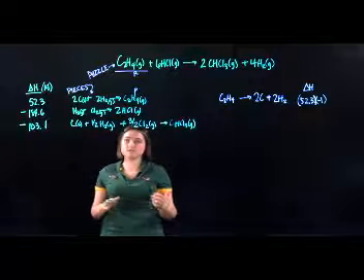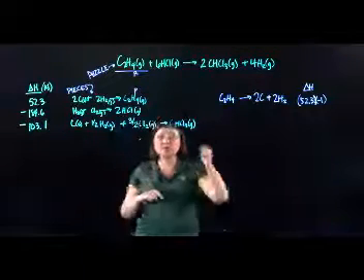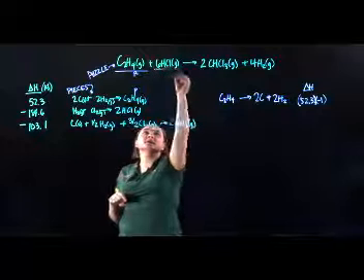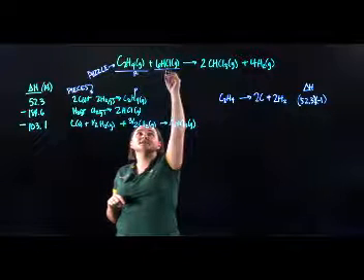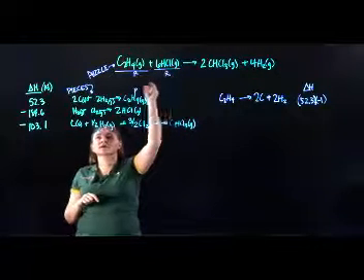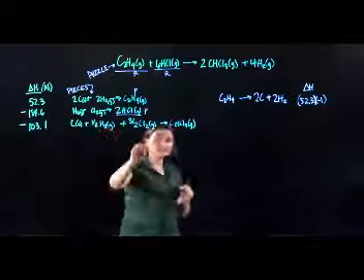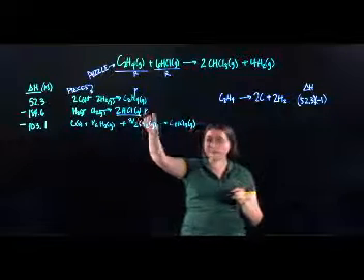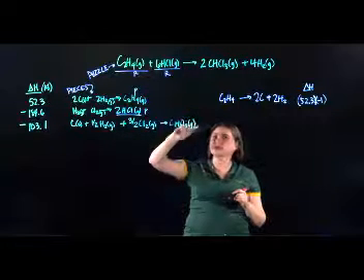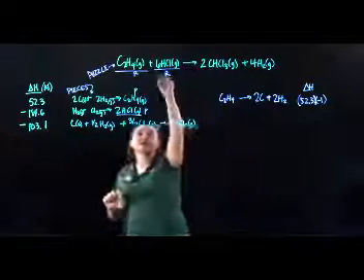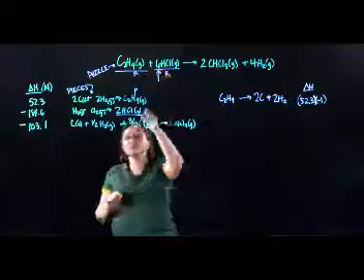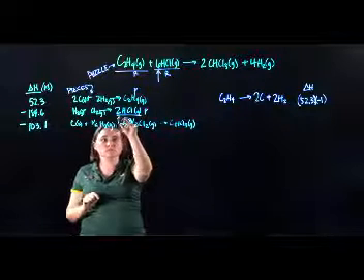Now what's next? Go back to your overall reaction. Here, I see that HCl is a reactant, and here, I have HCl as a product. So I'm probably going to have to flip this guy as well. But before you do that, make note of the fact that you have 6 moles here, and you only have 2 moles here.